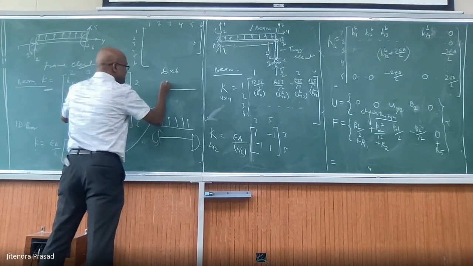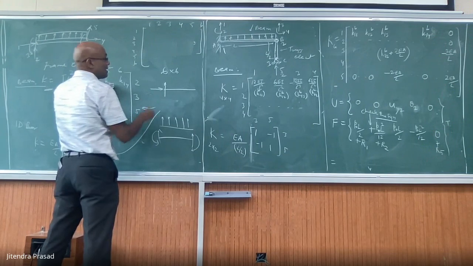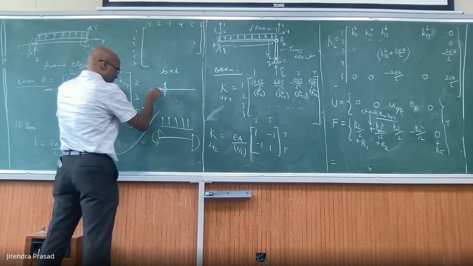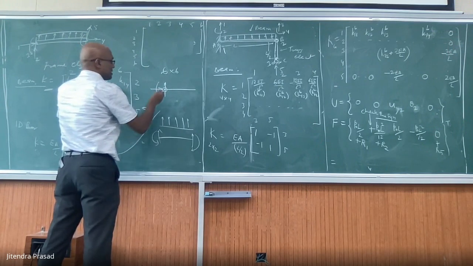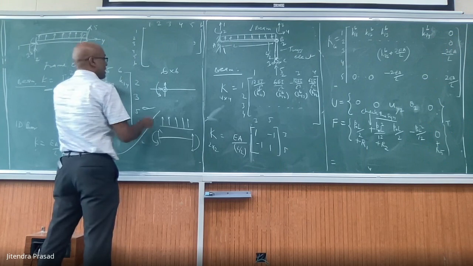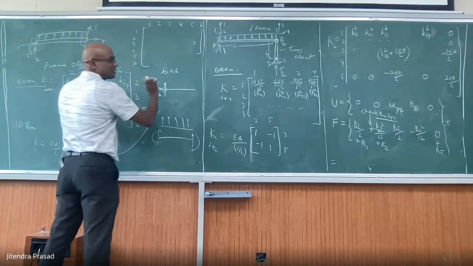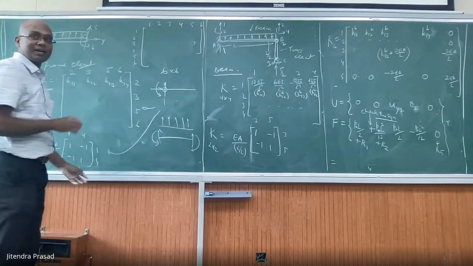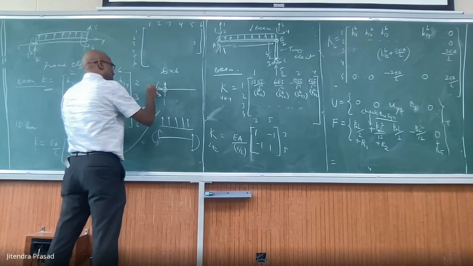You will have this, you will have this one, and then you will have this way also. 3 like this, then you will have this. Then you will have one in this direction, about this axis, and one will be torsion as well.